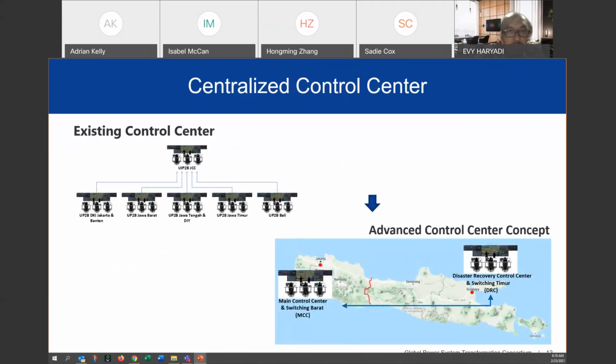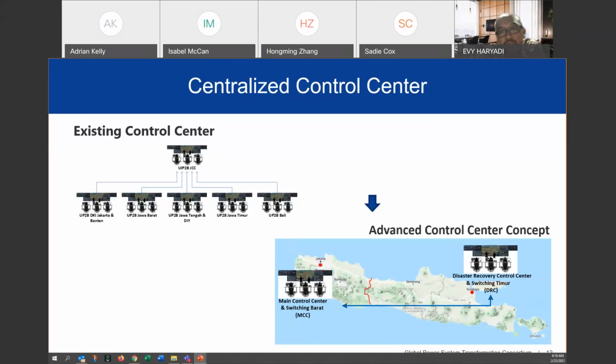The EMS is only at 500 kV in one place, and the dispatchers also have some switching tasks for 500 kV. All the RTUs in the field for 500 kV are directly connected to this 500 kV control center. But for 150 kV, every region is connected to its own 150 kV control center.